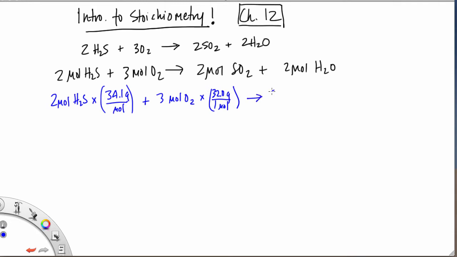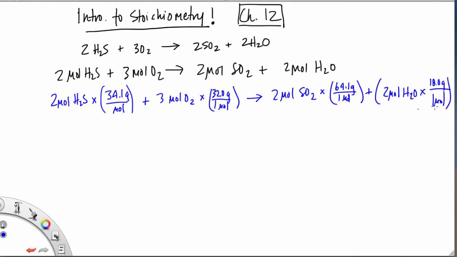This yields 2 moles of sulfur dioxide. The molar mass of sulfur dioxide is 64.1 grams in a mole, plus 2 moles of water, and the molar mass of water is 18.0 grams in a mole.